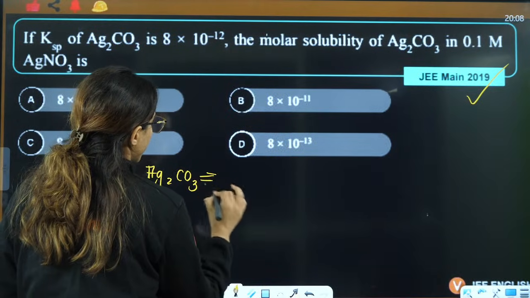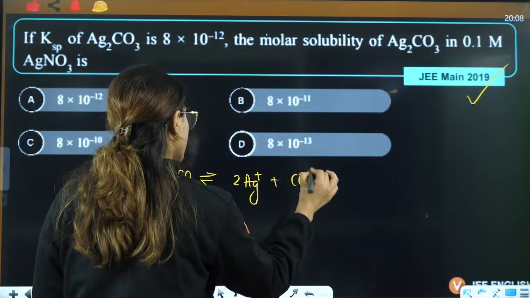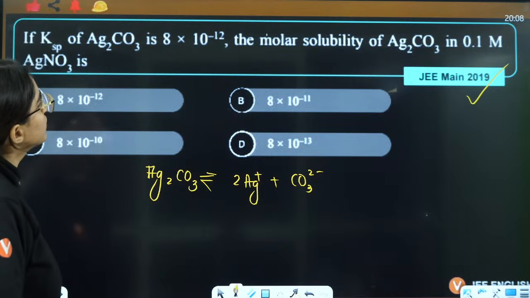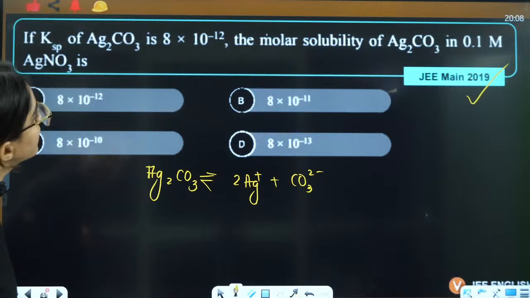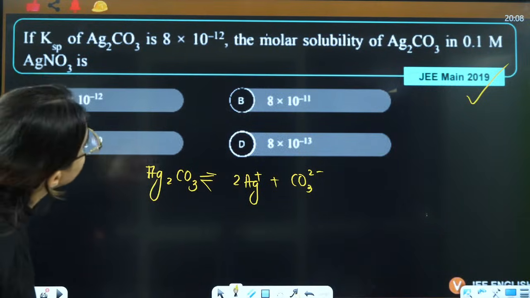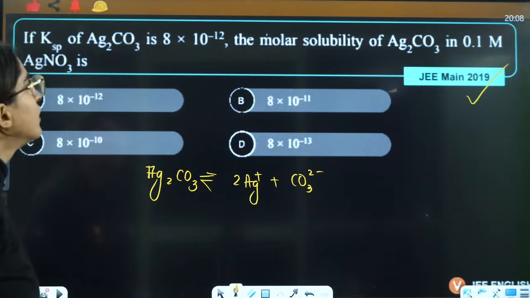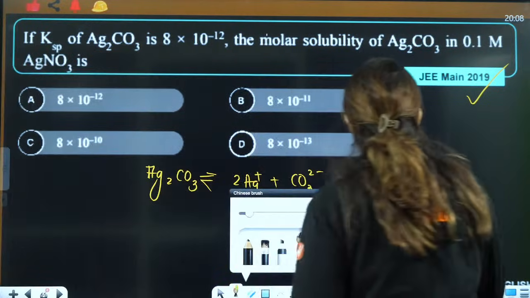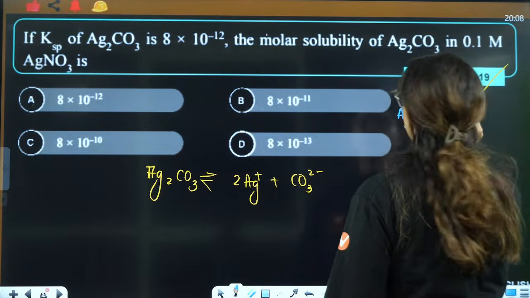Ag2CO3 is converted to 2Ag+ plus CO3 2-, right? Now, the molar solubility of Ag2CO3 in 0.1 M. Okay, this common ion AgNO3 is given to be 0.1.